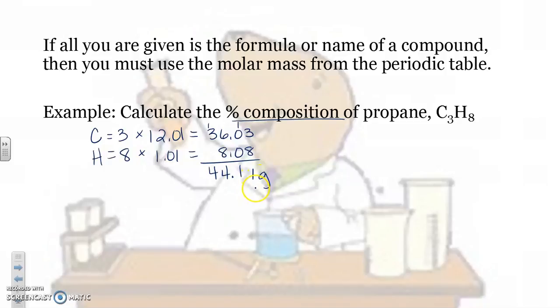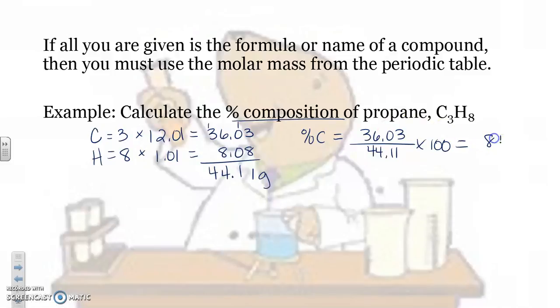All right, well, to figure out the percentage, and you got to keep going, we're not done. To find the percentage of carbon, we would take the part of carbon, which would be 36.03, over the whole, which would be 44.11, and times it by 100. So that would be divided by 44.11 times 100.